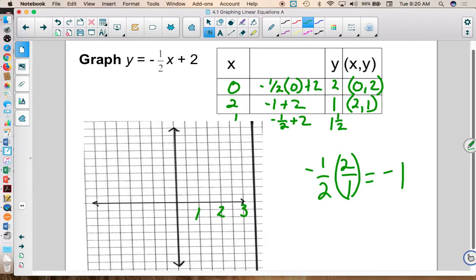The only thing you would need to do for this graph is you can always label your points on the graph, and always label the axis. Okay? Always label the points, always label your axis.